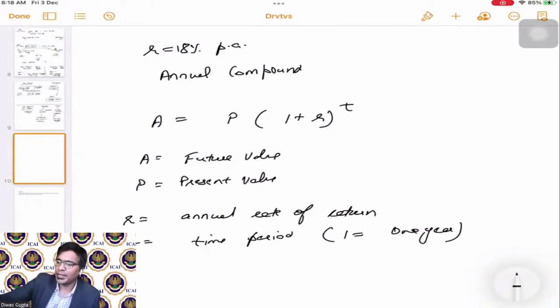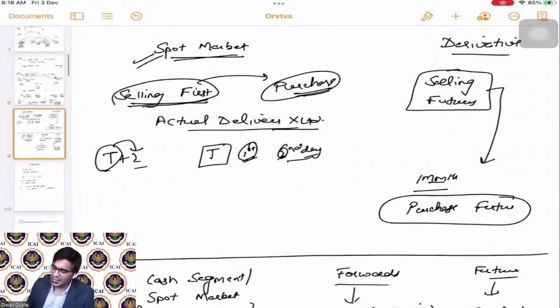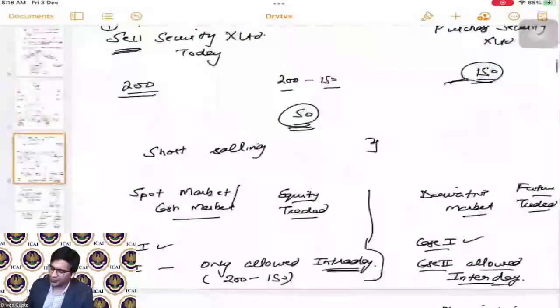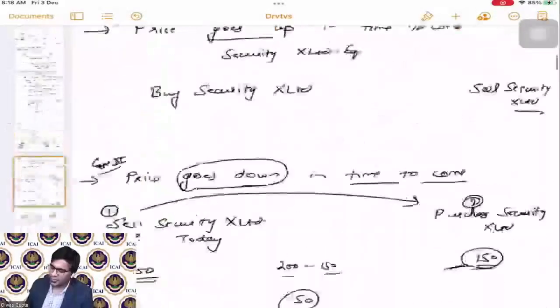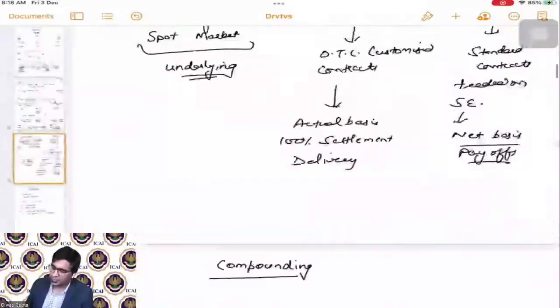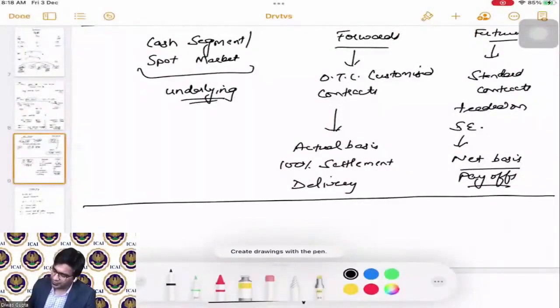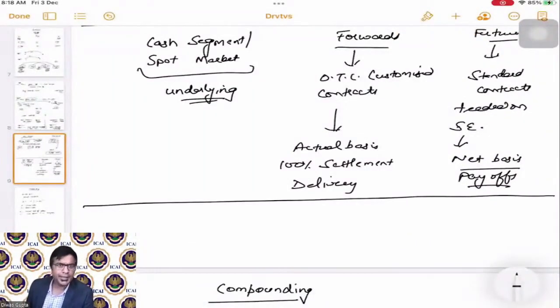So Namita, intraday settlement for the spot market is introduced for a simple reason. See, today is 3rd December, then tomorrow is 4th December, then there is 5th December.